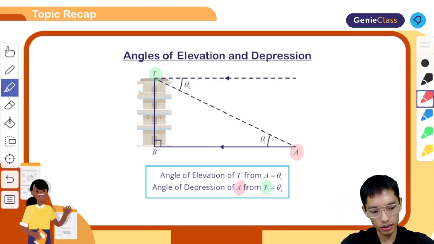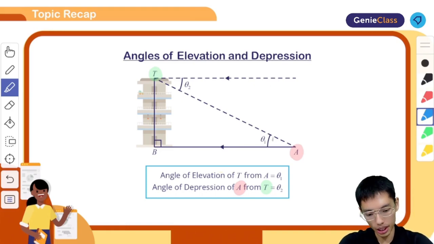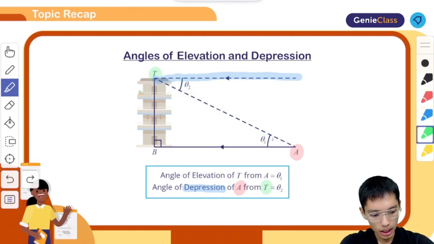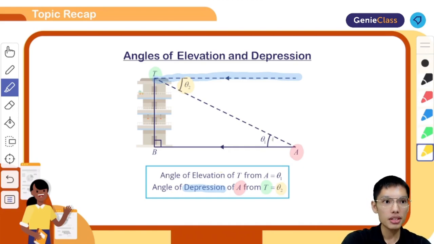So how angle of depression works is from the straight line, you are looking down. Okay, you are looking downwards over here. So from there, this is my angle of depression, theta 2.